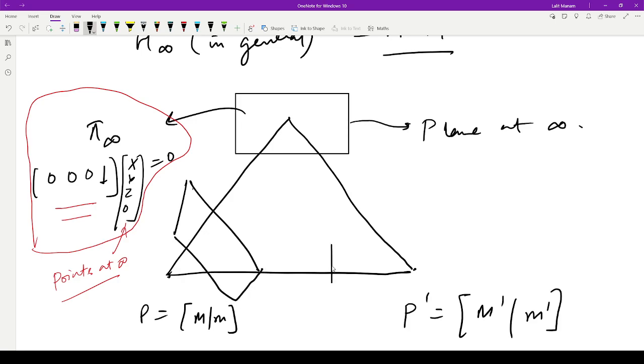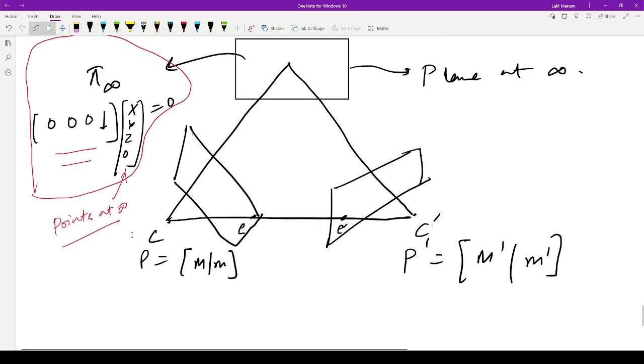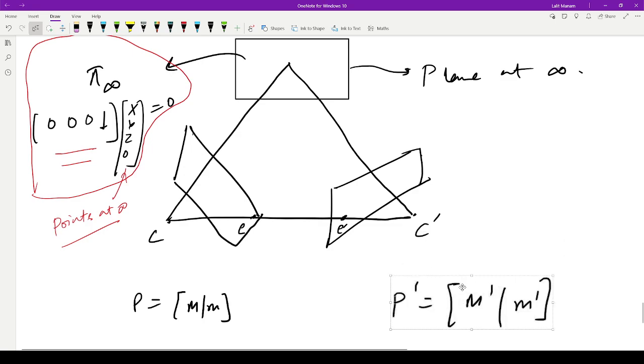So what are these points? This is E prime and this is E, right? Yes, sir. And this is C and C prime, the camera centers. It's becoming clumsy, but I hope it's okay. So this part is fine.